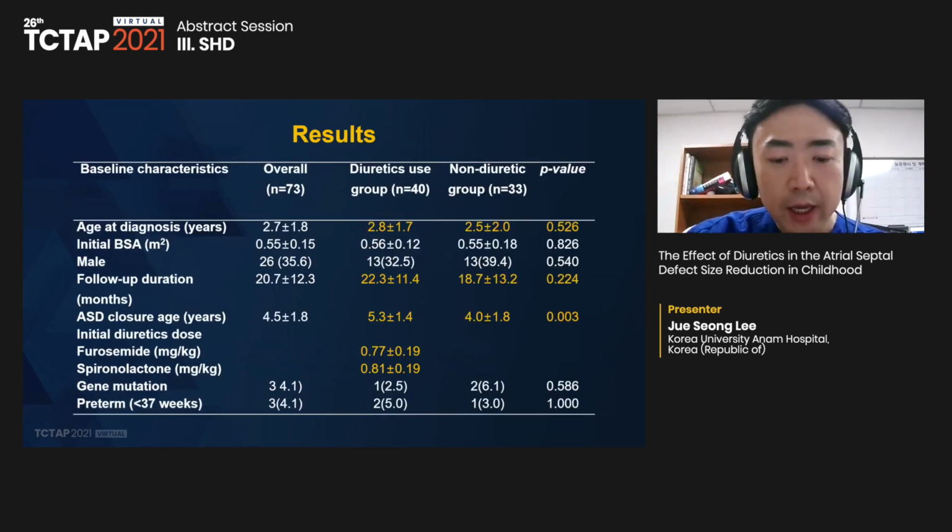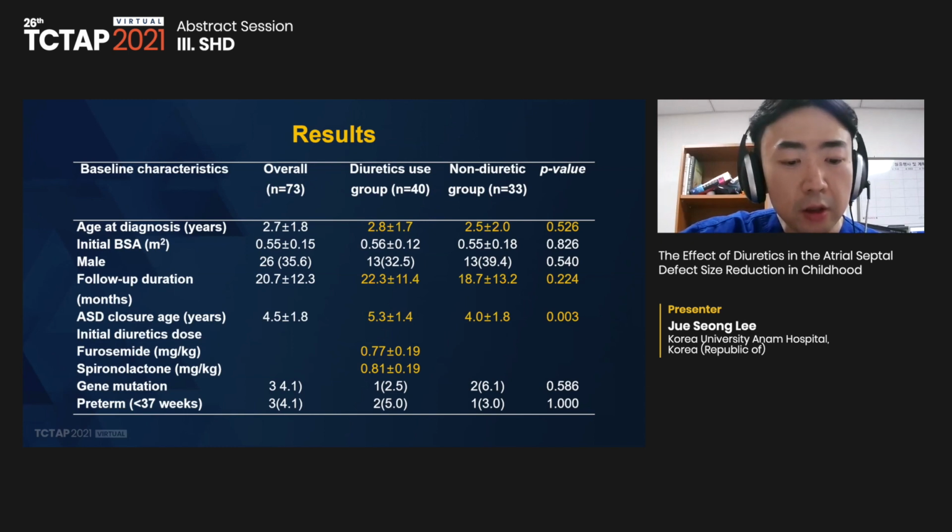The initial age at diagnosis was higher in the diuretic than in the non-diuretic group, but the difference was not statistically significant. The follow-up duration was not significantly different between the two groups. Patients with diuretics were prescribed on average a starting dose of 0.77 mg per kg per day furosemide and 0.81 mg per kg per day spironolactone.